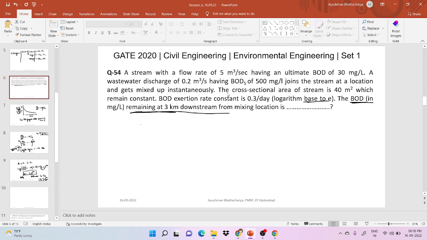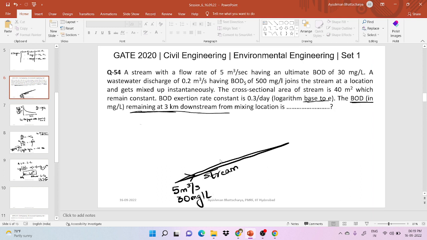Beginning with the question, a stream with a flow rate of 5 meter cube per second having ultimate BOD. Suppose this is a stream. So flow rate is 5 meter cube per second. Ultimate BOD is 30 milligram per liter. A wastewater discharge of 0.2 meter cube per second having BOD 500 milligram per liter will join the stream.